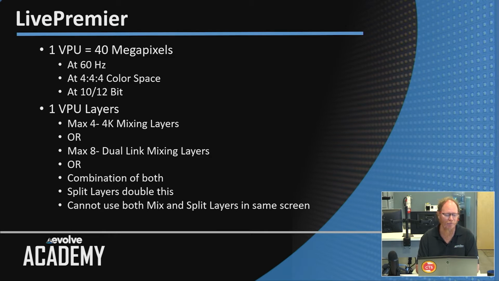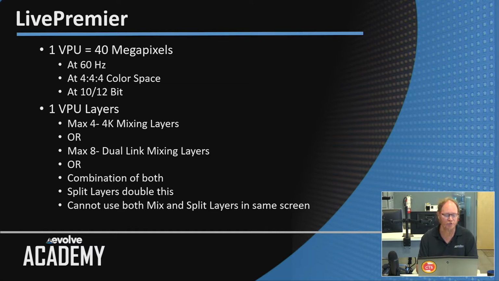You can have a maximum of 8 dual link mixing layers, or a combination of both. So if you have 6 dual link layers, you still have 1 4K layer left over. So you can mix and match capacity 1, which is dual link, and capacity 2, which is 4K. You can mix and match the layer quantities any way you like, with some restrictions.